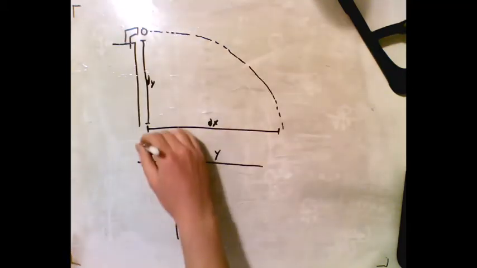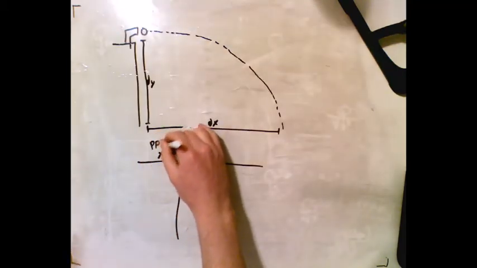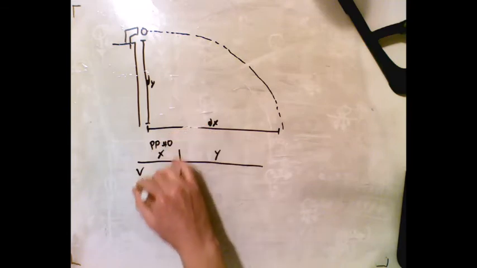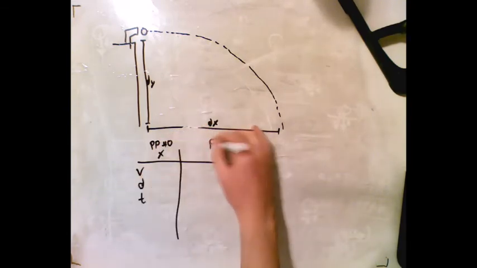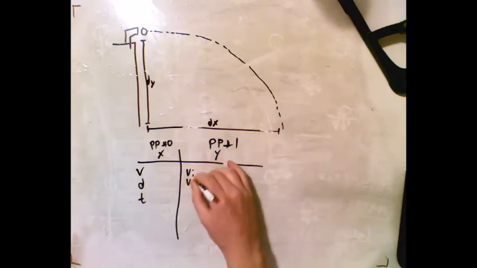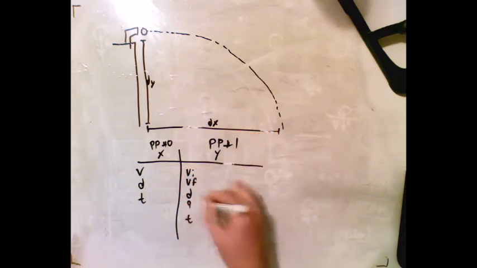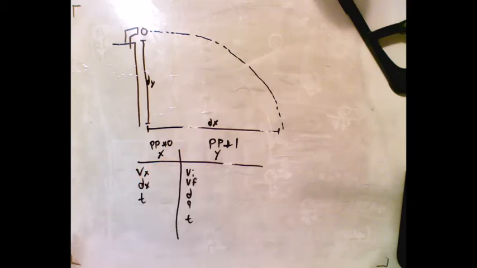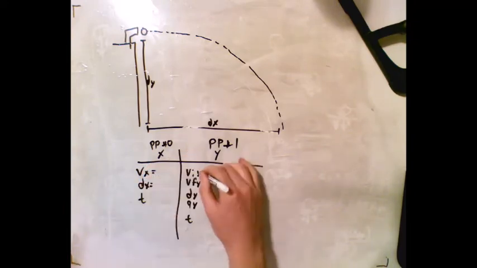In the x, we're using physics principle 0, so we're using v equals d over t. And in the y, we're using physics principle 1, which is VI, VF, DAT. We're going to say x for both of these, and y for these, and we're going to fill in what we know.